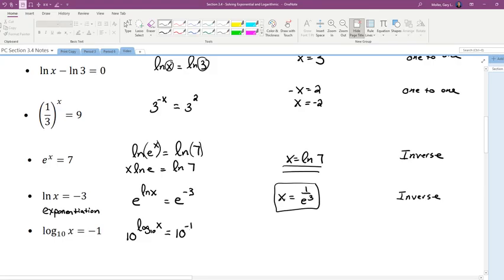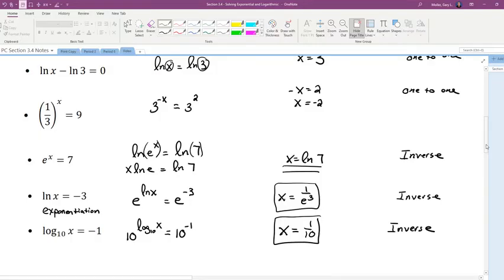And 10 to the log base 10 cancels out, leaves us with x equals 10 to the negative 1, or 1/10. So we use the inverse again. And once again, we knew that was going to happen. 10 to the negative 1 equals x.